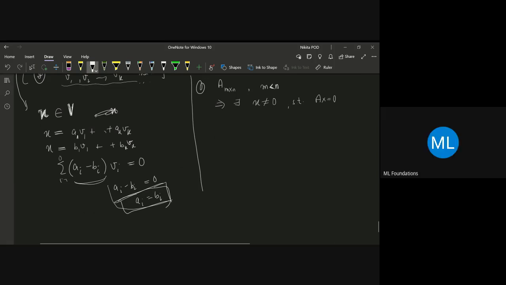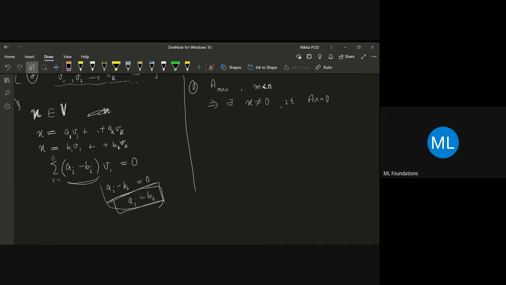Yes, ma'am. So why is this happening? Let's say I have a matrix A, and it is m cross n. This is my first vector x1, and the second vector up to xn.